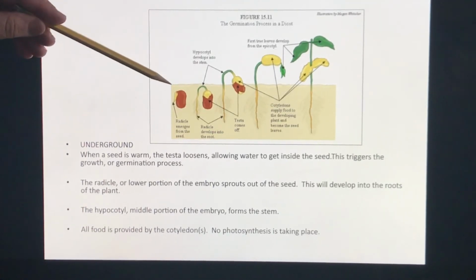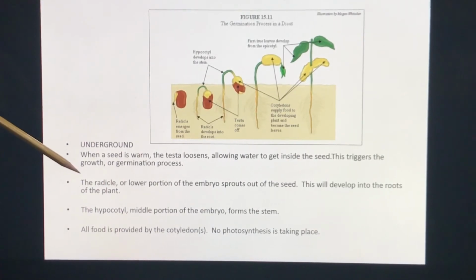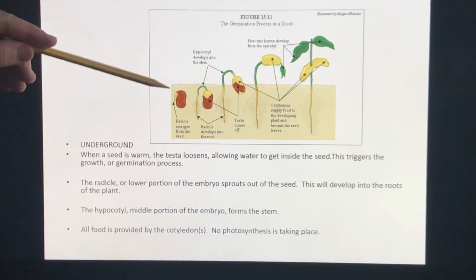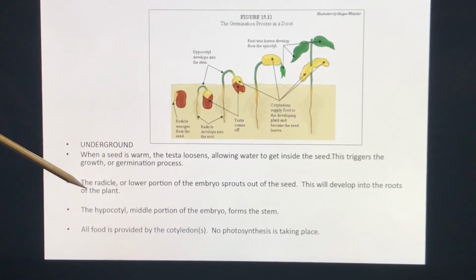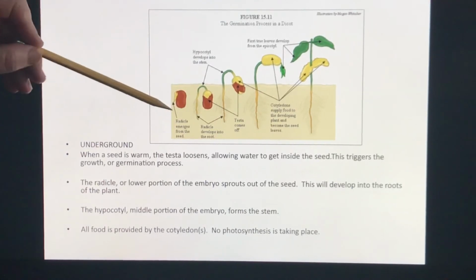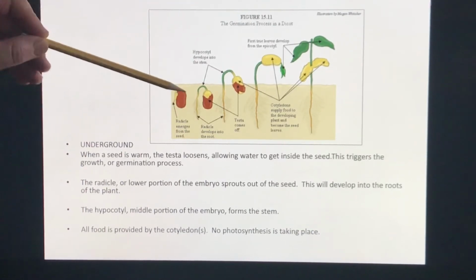So the first part that emerges is called the radicle. It's the lower portion of the embryo, it sprouts out of the seed, and that will eventually develop into the roots of the plant. And so you can see that here and here developing into the roots.